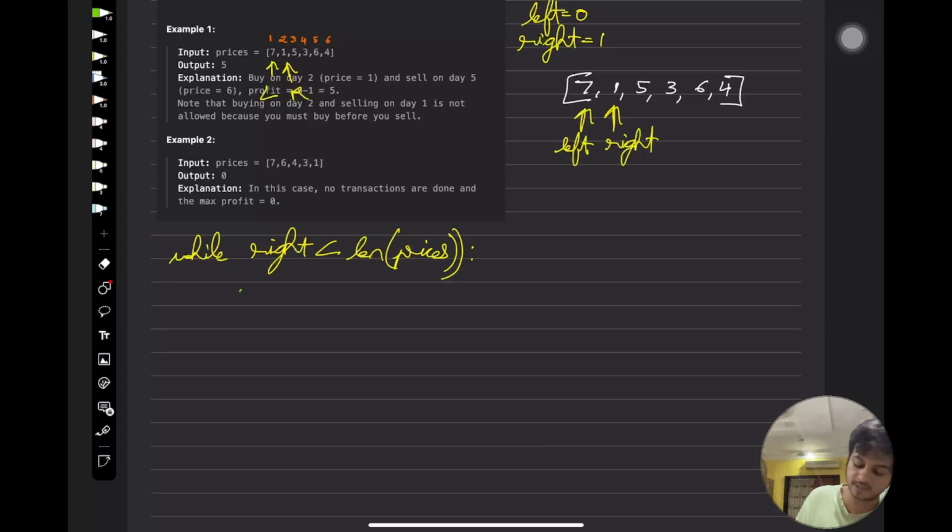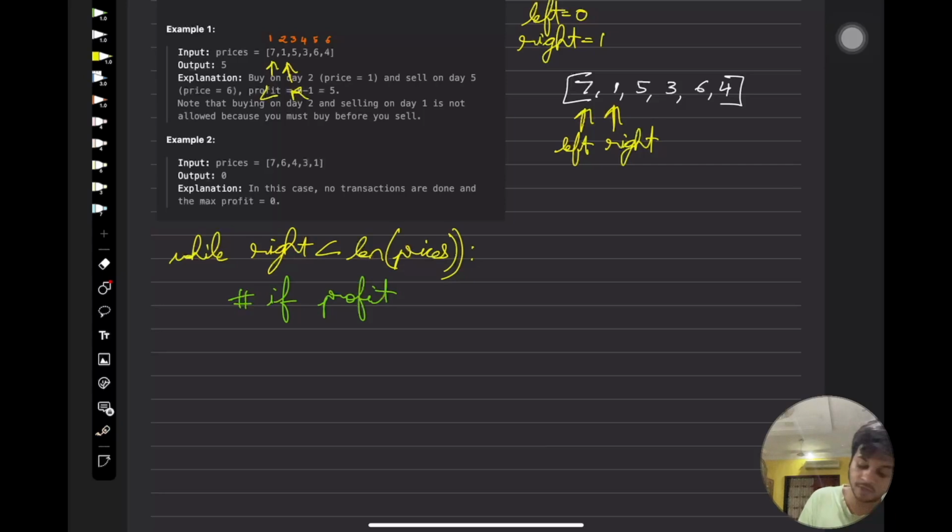The first condition is if there is a profit. In that case, this value will be bigger than this value. So that is when there is a profit.